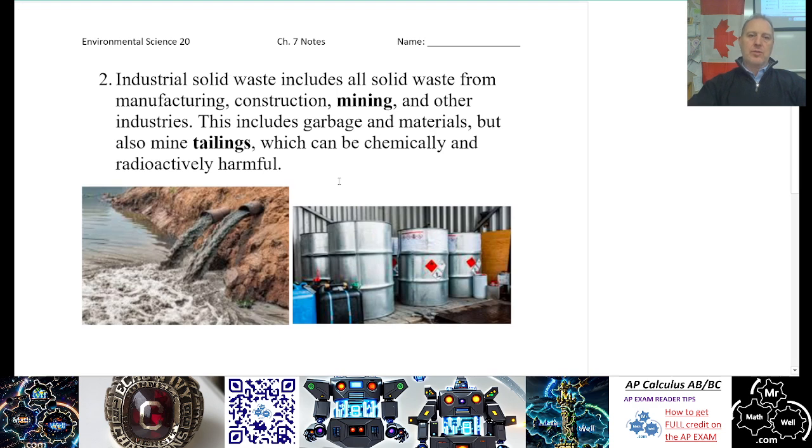Number 2, industrial solid waste includes all solid waste from manufacturing, construction, mining, and other industries. This includes garbage and materials, but also mine tailings. You remember mine tailings, the byproducts of the mining process, which can be chemically and radioactively harmful.